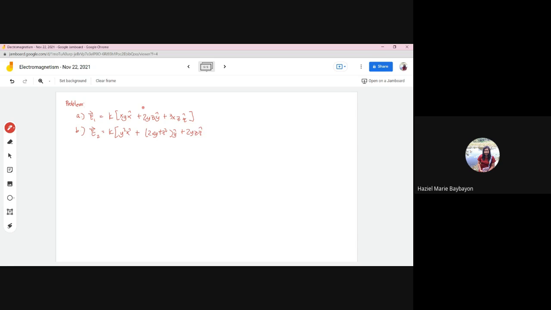Let us determine which of these two electric fields is an impossible electrostatic field. Take note that K is constant for both.